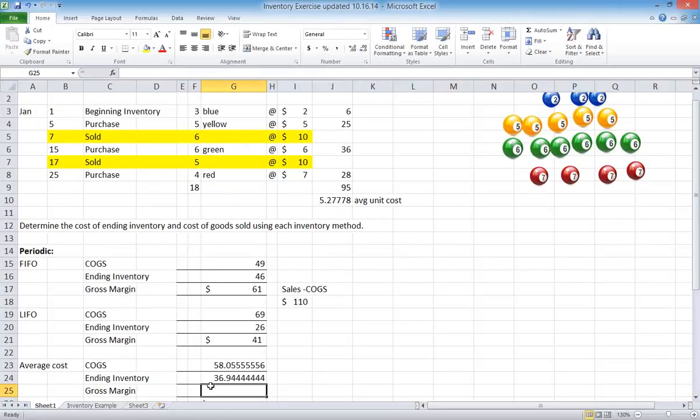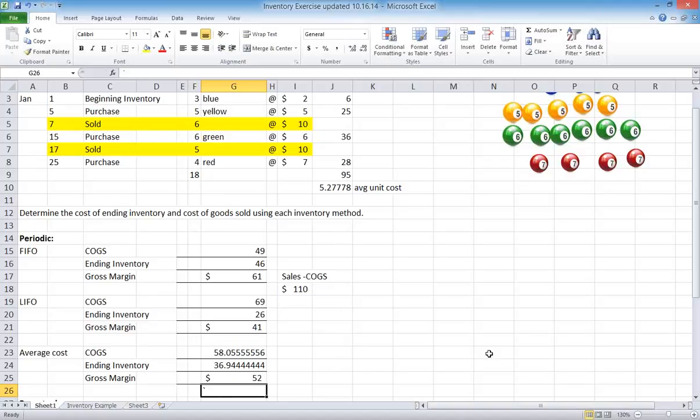That should equal 95 if I add it together. 110 minus my cost of goods sold equals 52. So did that make sense to everybody for the periodic?